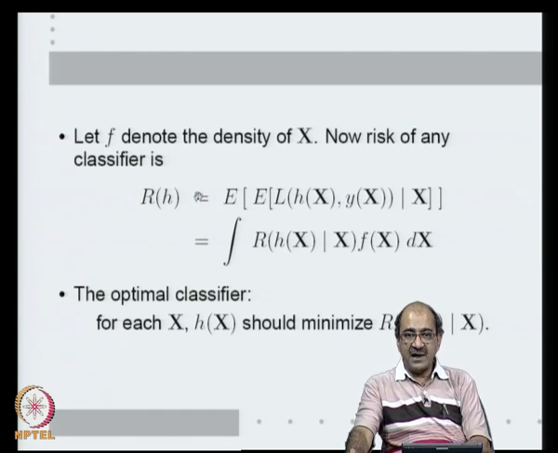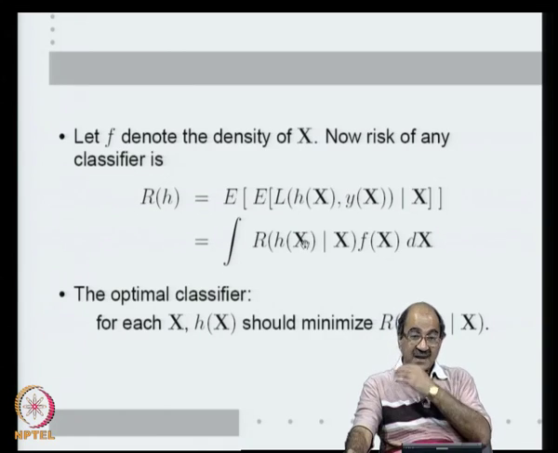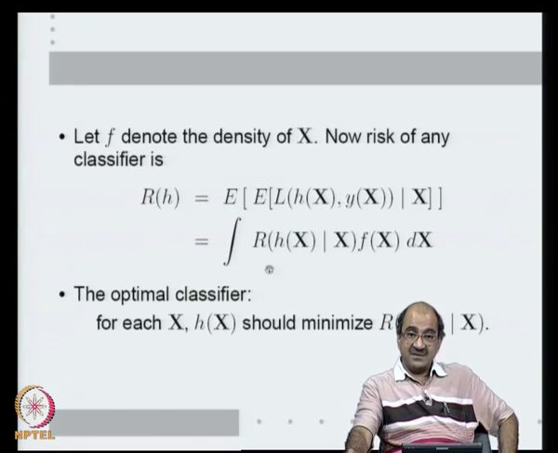Mind you, a minimizer of R(h) does not necessarily have to have the least value for every x. A minimizer of R(h) only means the entire integral should be minimized by changing h. But in case there is an h which takes the least value for each x, so that R(h(x) given x) is small for every x, then that will certainly be a minimizer of R(h).